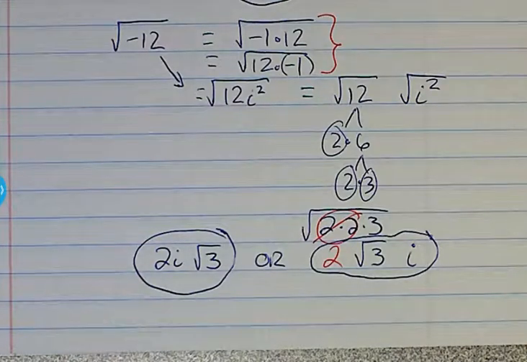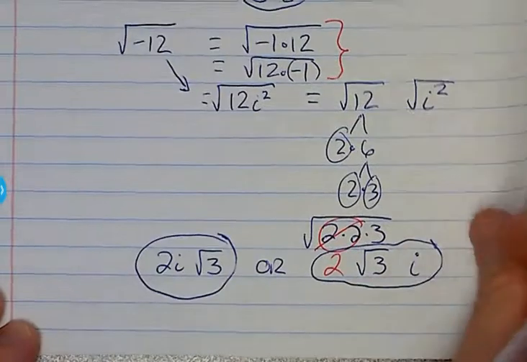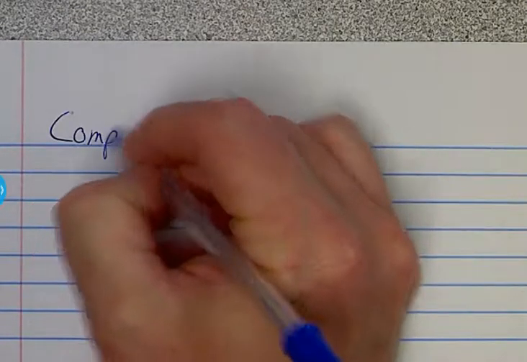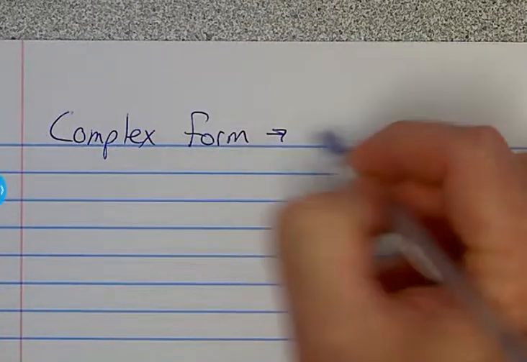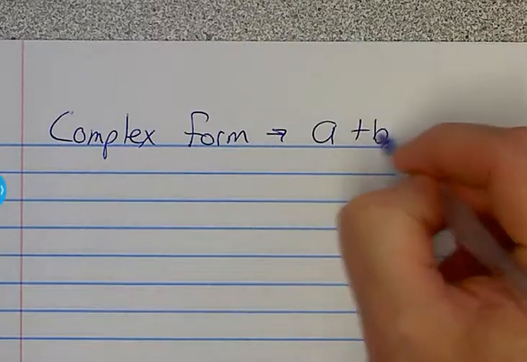Okay, so there's where you're simplifying the parts of it. The next thing they're going to do is look at what they call complex form. It's just getting the numbers written a certain way so it has a pattern to it every single time. Complex form is what they call a plus bi form.